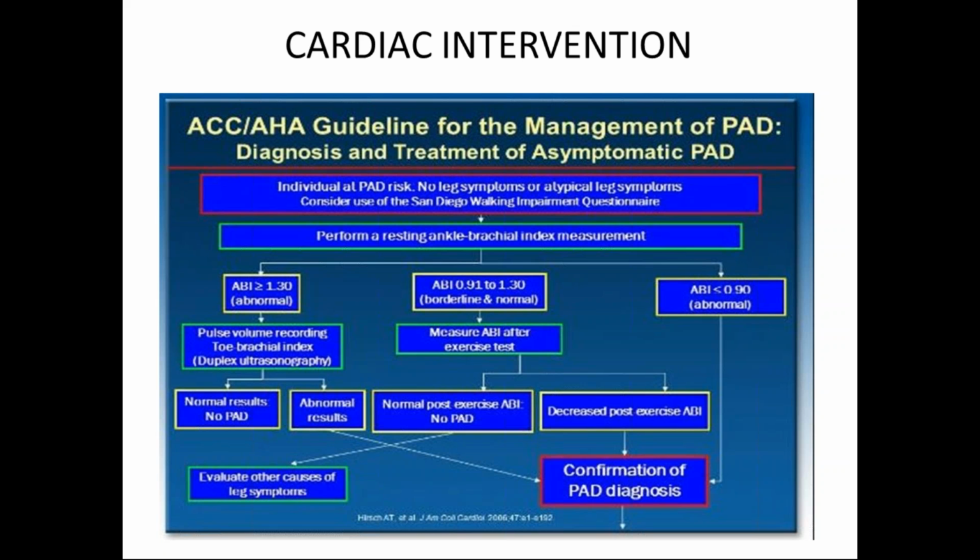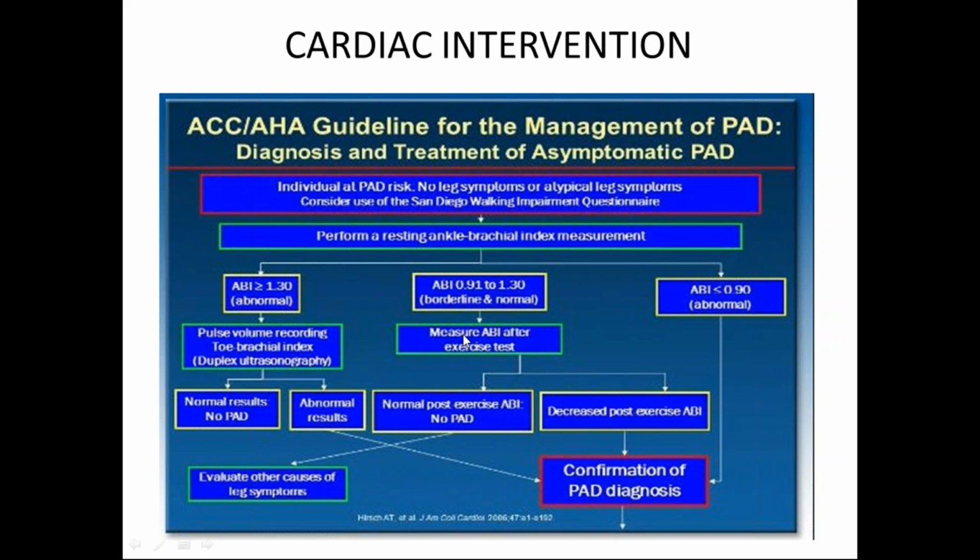Okay. If you do your ankle brachial index and it's 0.9 to 1.3, which we said is borderline or normal, and the patient has symptoms, if that patient tells you that whenever I walk, I have pain in my calves or pain in my thighs or something like that, then it suggests claudication. So what you want to do with this borderline patient is put them on a treadmill.